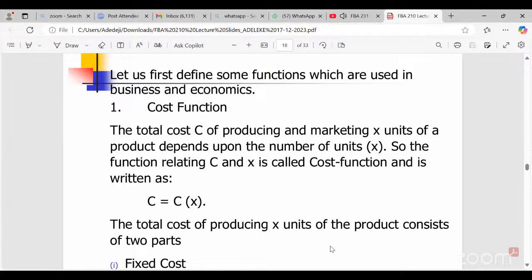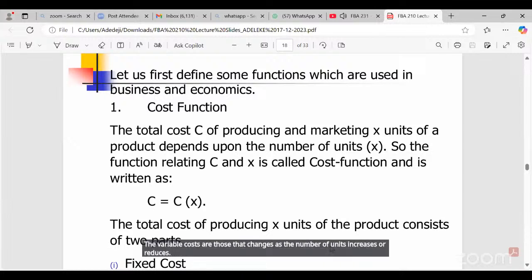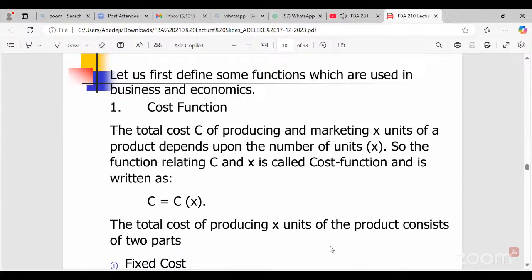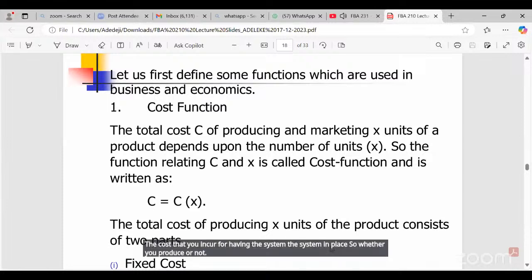The variable costs are those that change as the number of units increases or reduces, while the fixed cost is the cost that you incur for having the system in place. So whether you produce or not, you will incur it.